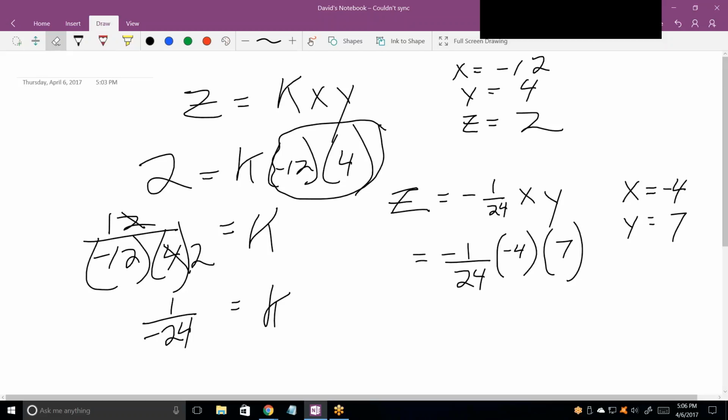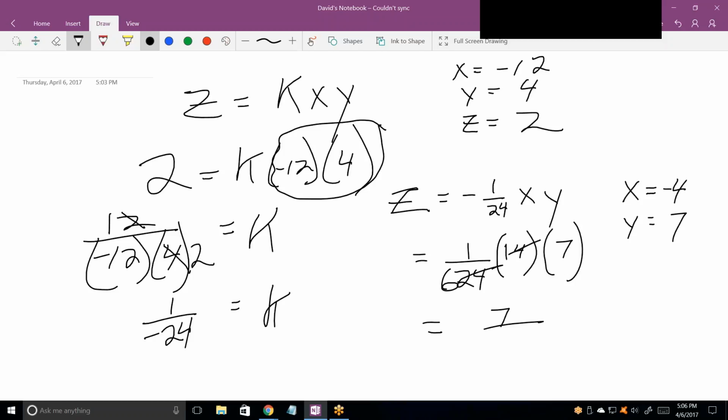In other words, the negative times a negative is a positive, so I don't have a negative anymore. And I can divide top and bottom by 4. Makes that a 1. What's this divided by 4? 6. And there I have my answer, 7 over 6. And that's what z is equal to.